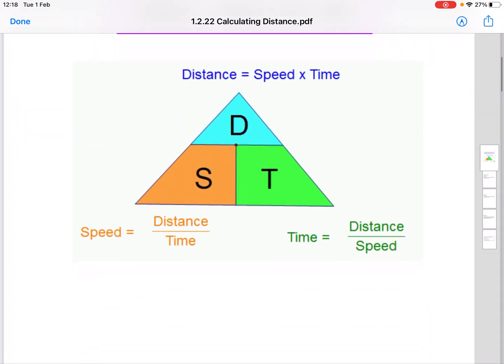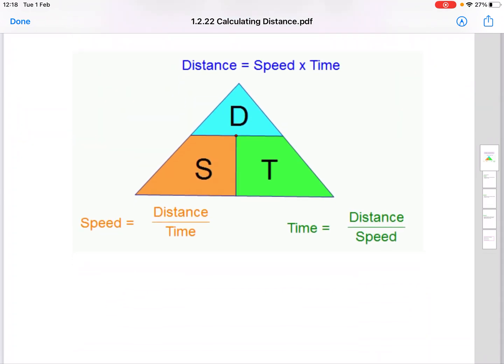So here you can see that we have a little visual representation of our 3 formulas, okay? And this is going to be a little tool that you can use. You can jot it down onto your jotter page and it will help you to remember which way round the formulas go.